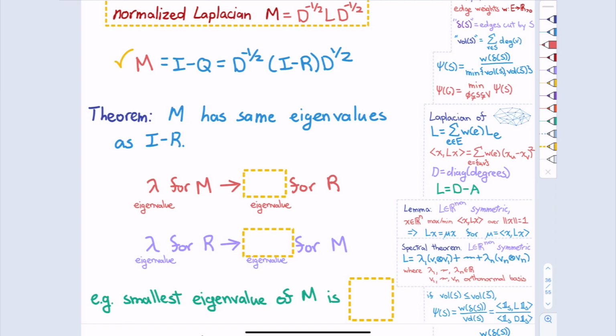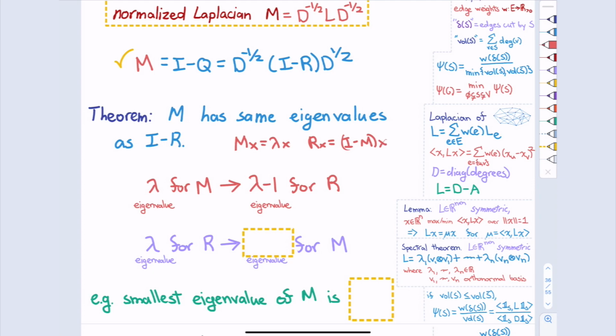So if you have an eigenvalue lambda for M, that tells you that R has some eigenvalue, which is 1 minus lambda. Let's see if that's what I wrote. I wrote lambda minus 1. Oh, you think it's lambda minus 1? All right, so if mx is equal to lambda x, then rx is equal to I minus m x.